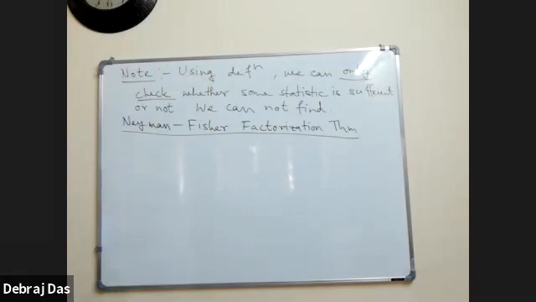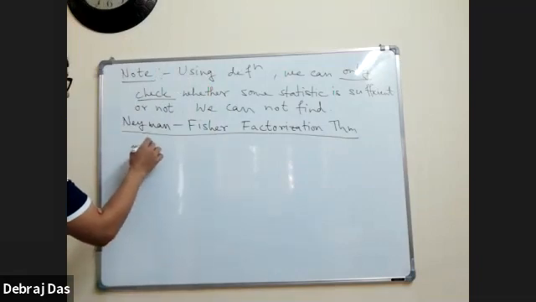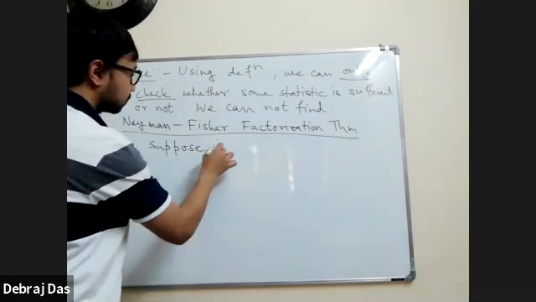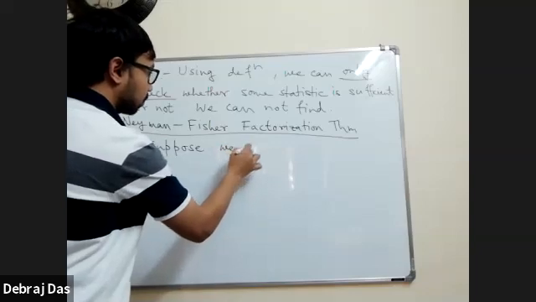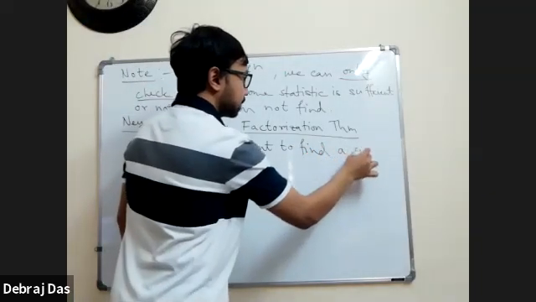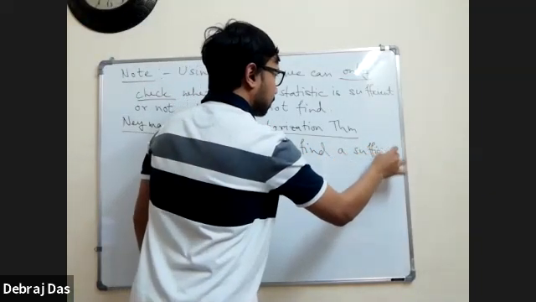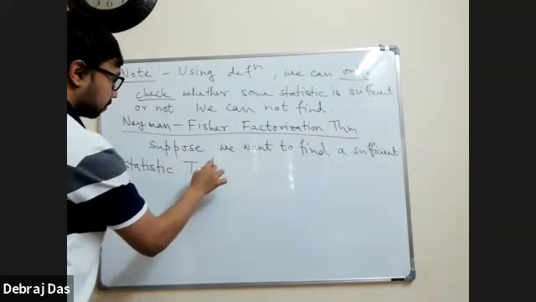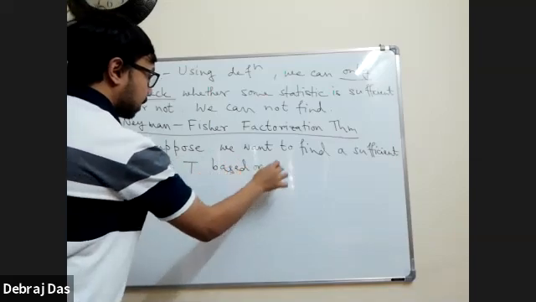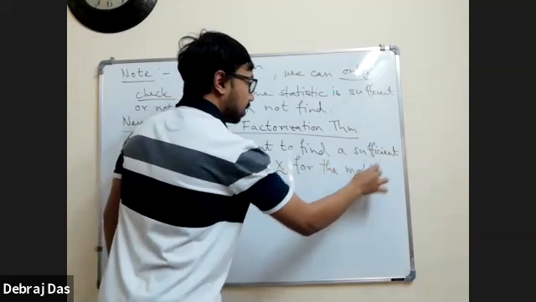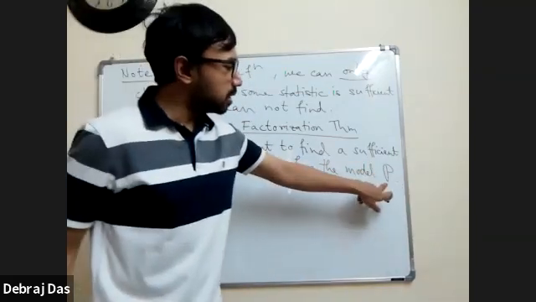Okay. So the Neyman-Fisher factorization theorem tells you that suppose we want to find a sufficient statistic T based on X for the model script P. This script P is the family of models.